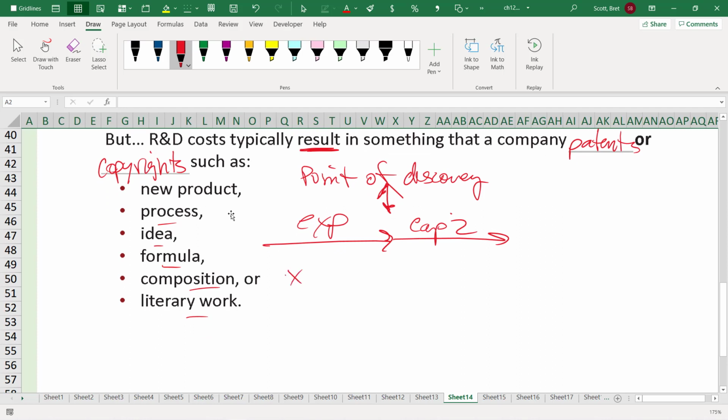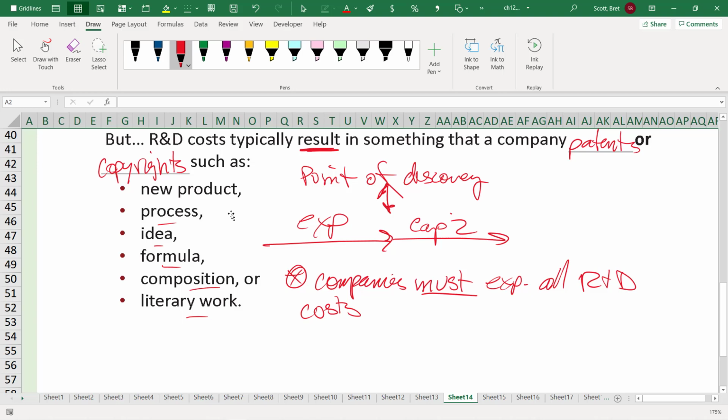But the key thing to remember here is that companies must expense all research and development costs as they are incurred.